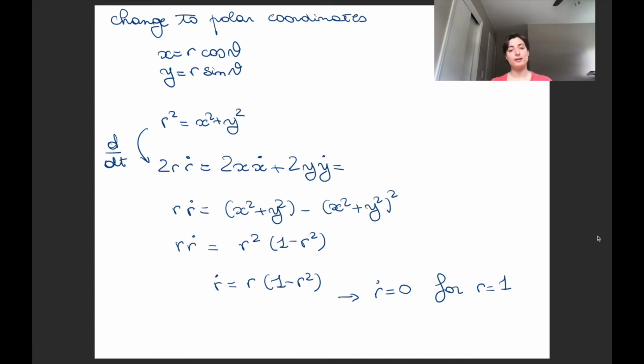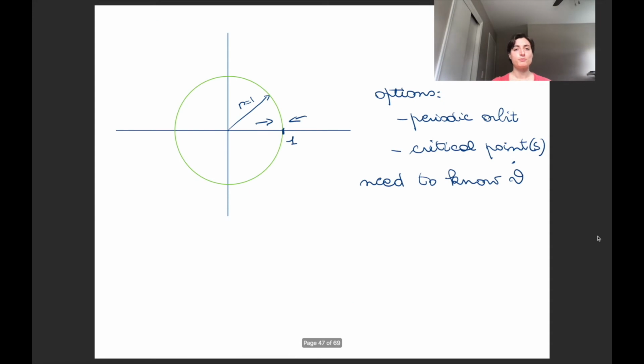And here we find that r dot is equal to 0 for r equal to 0. We knew that, that's a critical point. But also for r equals 1. That means that in our phase plane, things are moving towards the circle of radius 1, both from the origin towards it and from outside towards it.